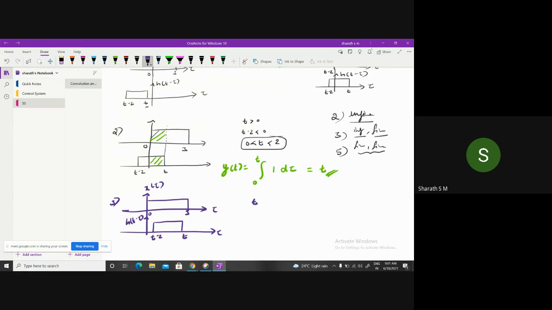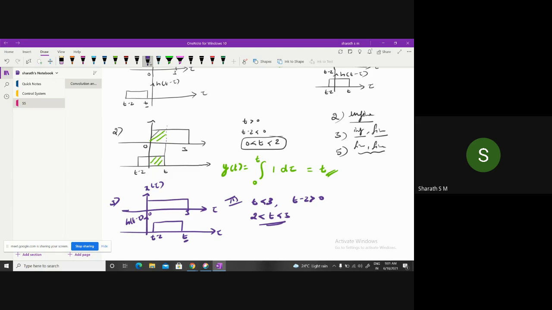T is less than 3, and t minus 2 is greater than 0. So this can be written as t is in between 2 and 3. So this is the limit for the third case.